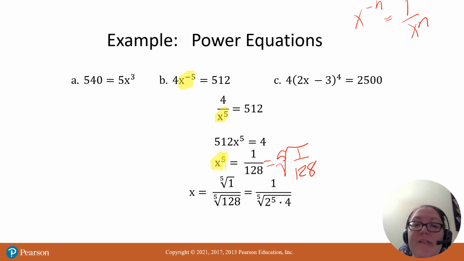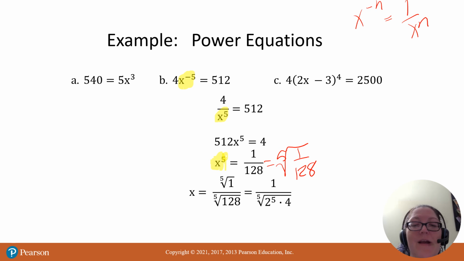The fifth root of 1 is 1. We love the number 1. 1 is the perfect cube, square, fourth power, fifth power, because 1 times 1 is still 1. So if you take a square root of it, it's still going to be 1. However, the fifth root of 128, we probably want to simplify that.